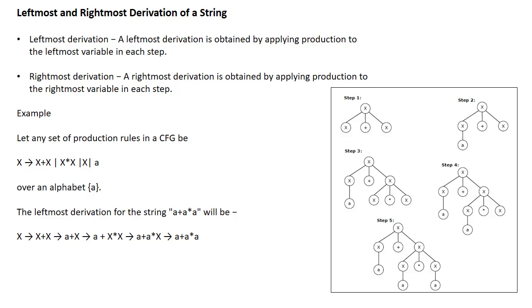Now as we scan the tree from the left hand side, a is the terminal symbol, so there we cannot expand it. Next is the second x, which can be replaced with the production rule x derives small a. Again, as we go to the right side, the last x will be replaced by terminal symbol a. So in this way, with leftmost derivation, we are getting the given string a plus a star a.